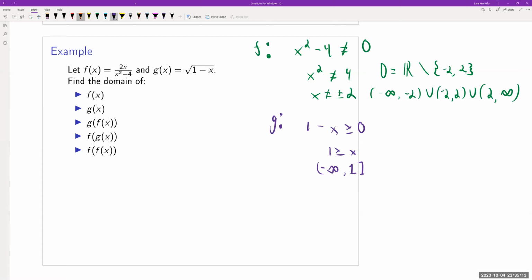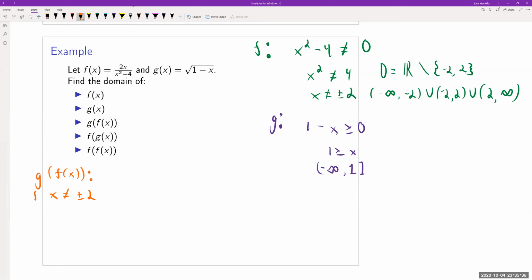Now let's go through and find each composition. For g of f of x, first I must follow the rule for f, because that is what x gets directly plugged into. So that same rule is as before. X still cannot be plus or minus 2. And then I have the rule for g.